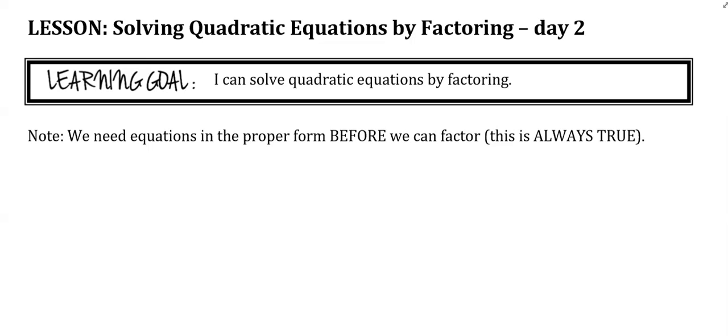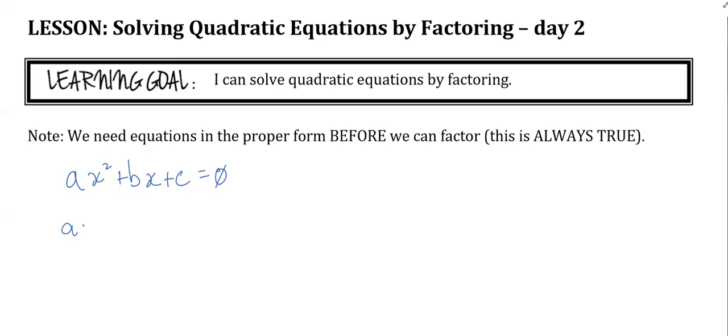Equations have to be in the proper form before we can factor and before we can solve. So whether we're factoring or solving, this is the same thing. Our equations have to be in the proper form. Proper form looks like this: ax squared plus bx plus c. And if it's an equation, it would be equal to 0.